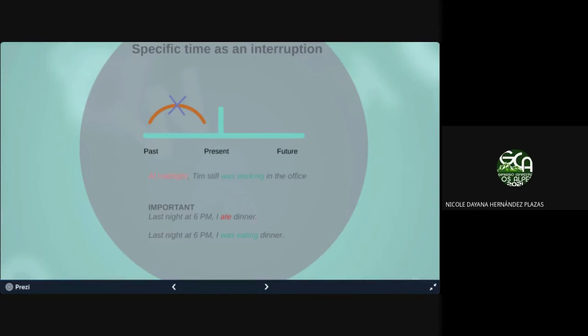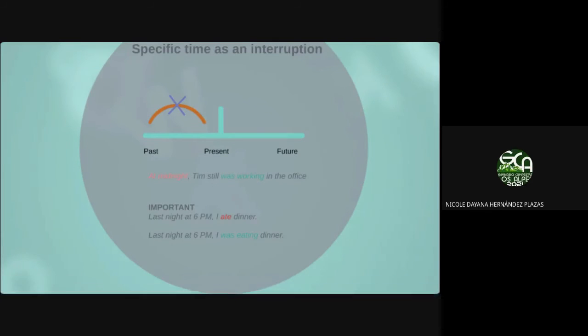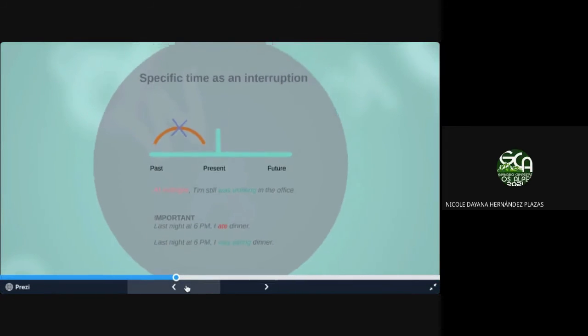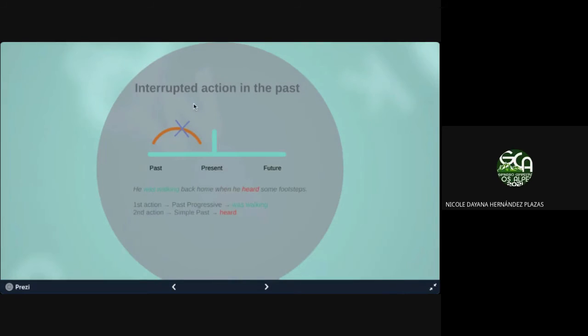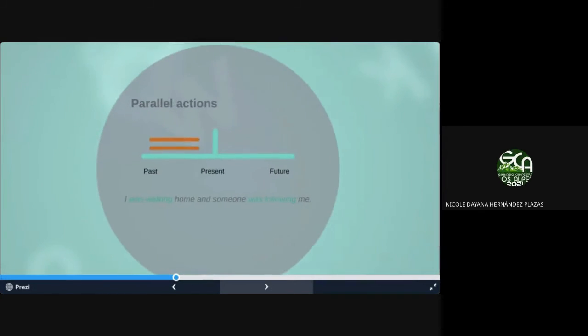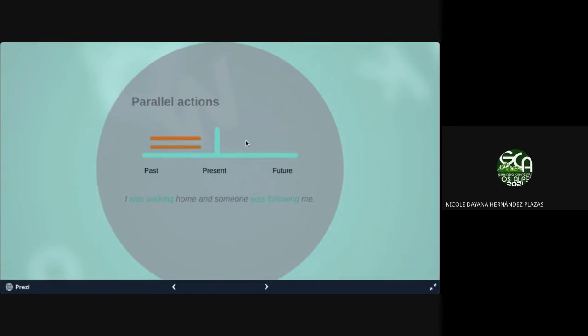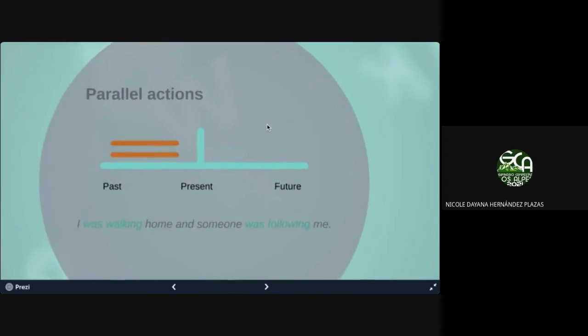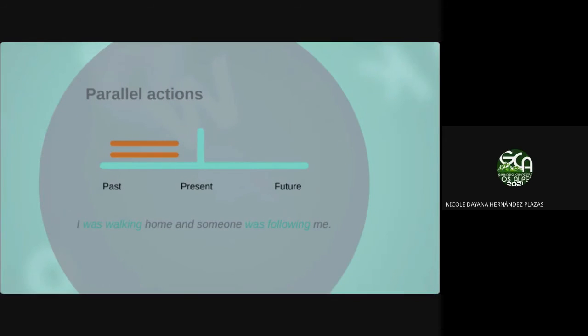So, babies, a specific time. So, right now we have two interruptions, interrupted actions in the past, and specific times. But here we have something else. What happened then if you have two actions that are happening in the past at the same time?